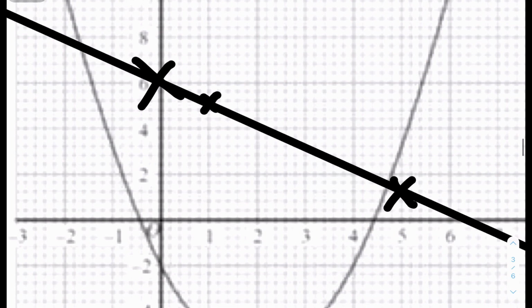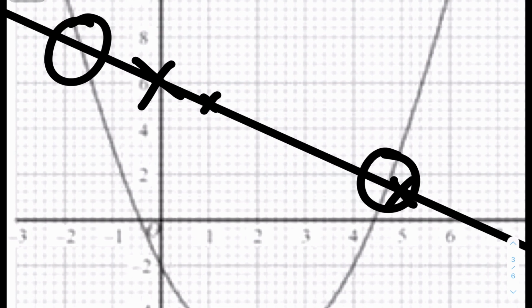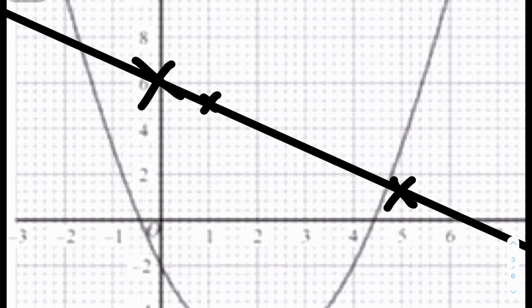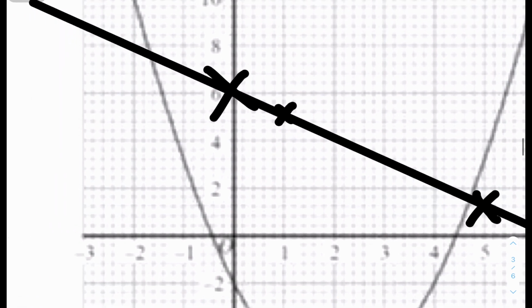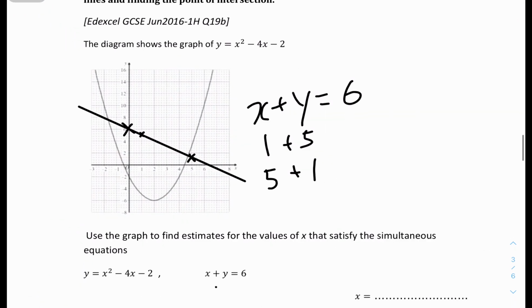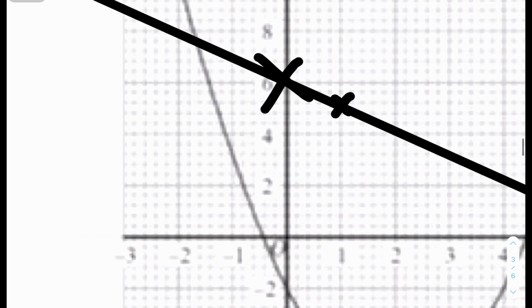So we can deduce that there are 2 intersection points. We have this and this. It's quite difficult to read, so let's just rub out the x. It's fine. Let's just look at it. The 2 values for x are right here. It will be around minus 1.6.